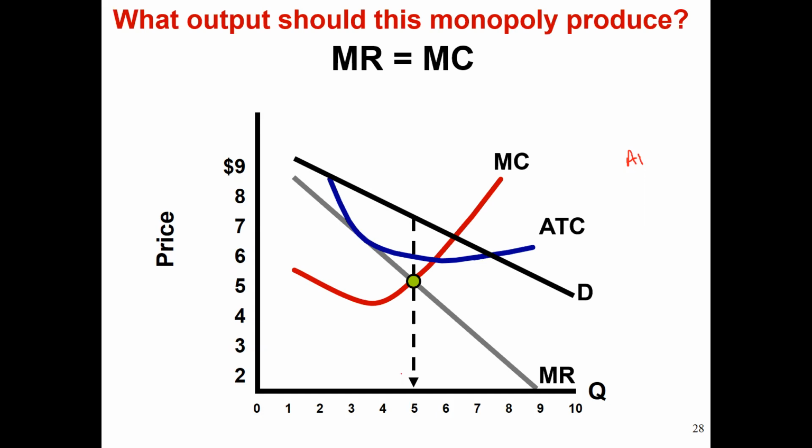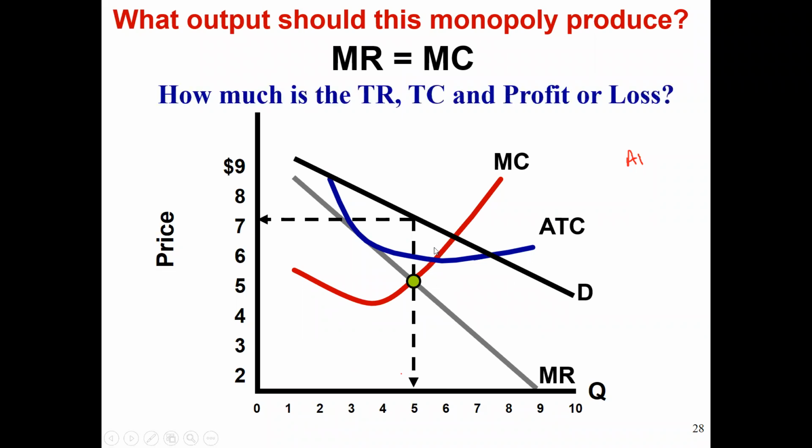You need to take it up to demand. On the multiple choice, there's 1 or 2 questions like that. You need to get that easy point. MC equals MR up to demand. There's your price. There's your quantity. You just go on the profit maximizing line to the ATC curve, and that is your profit box.